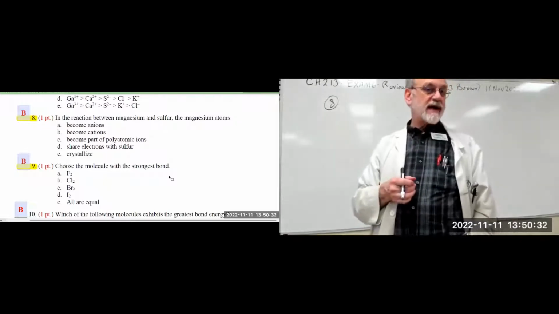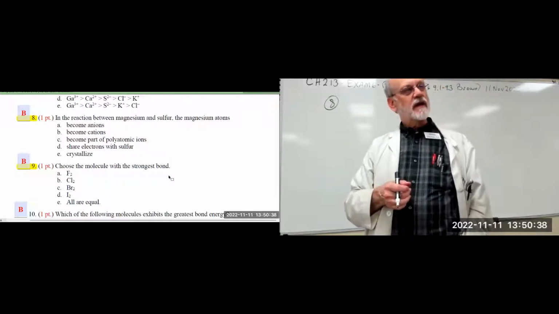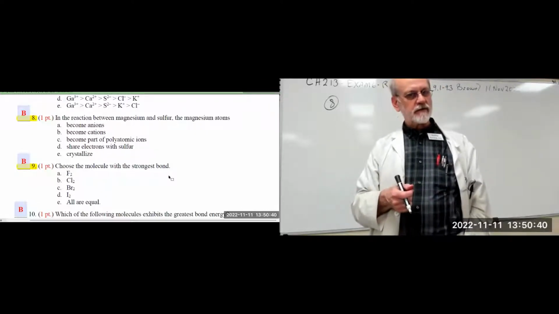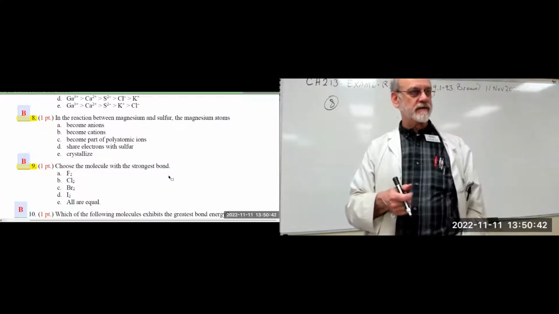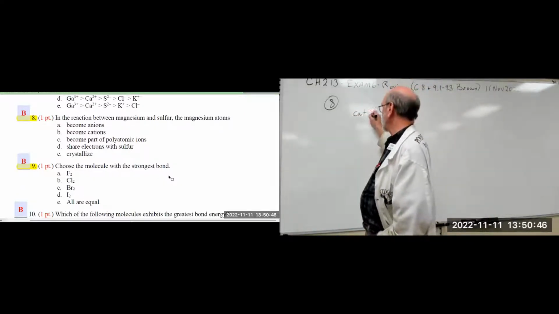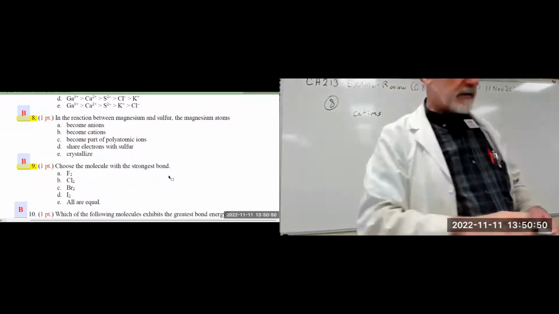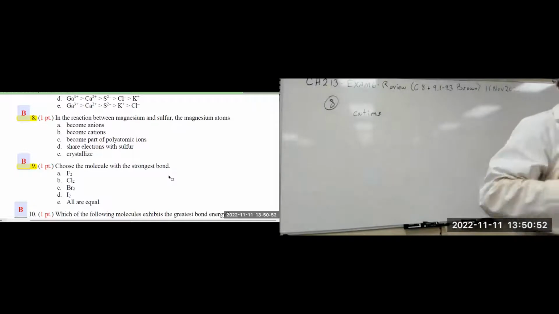So it's either A or B. So in the reaction with magnesium and sulfur, the magnesium atoms, metals tend to lose electrons, which means they become cations. They want to become cations. Most nonmetals have higher electronegativity than metals.